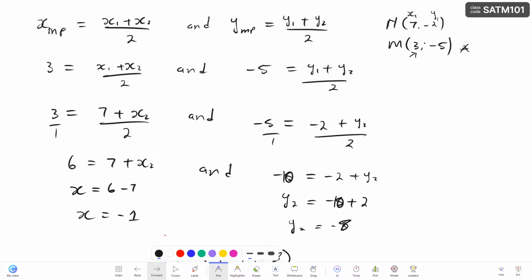So let me just write it here. So our equation of a circle, 4.2.1. We find our equation of a circle to be (x minus 3) squared plus (y plus 5) squared is equal to 25.